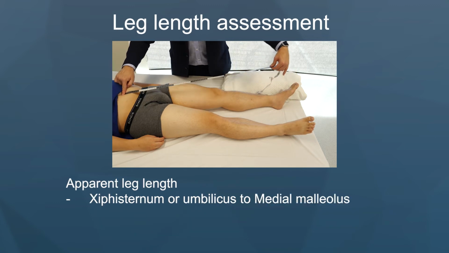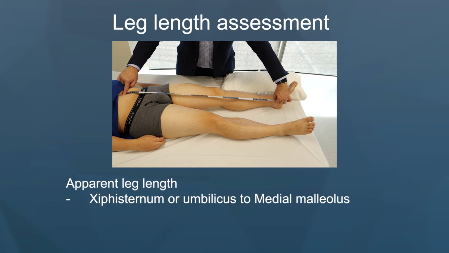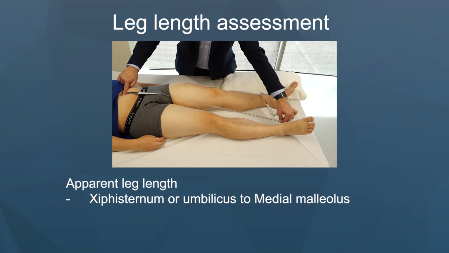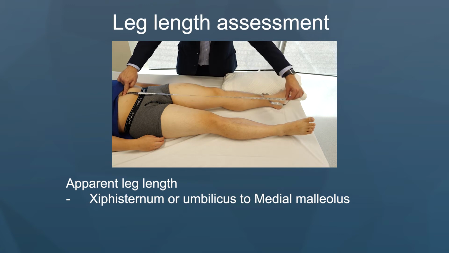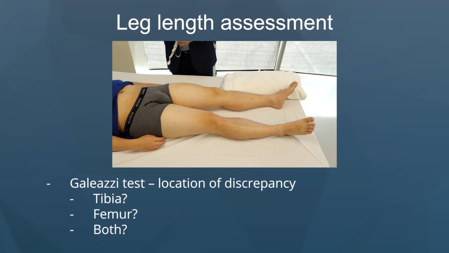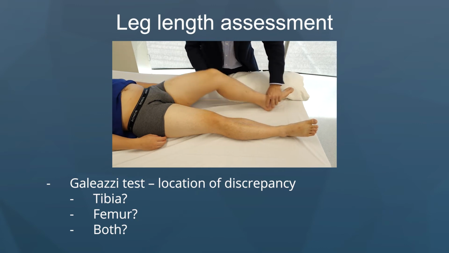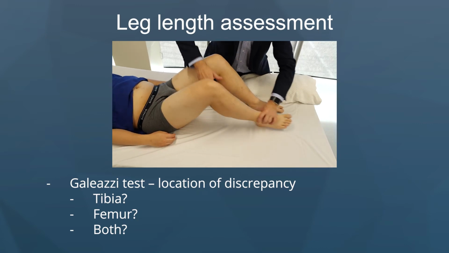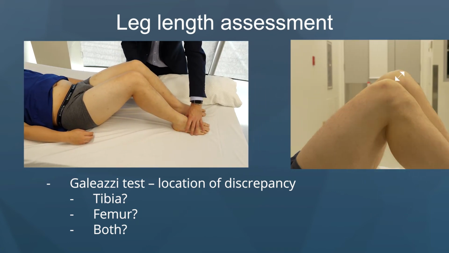Also assess apparent leg length discrepancies by measuring from the xiphisternum or umbilicus to the medial malleoli. If true shortening is present, you need to identify if the discrepancy is located in the tibia, the femur, or both.